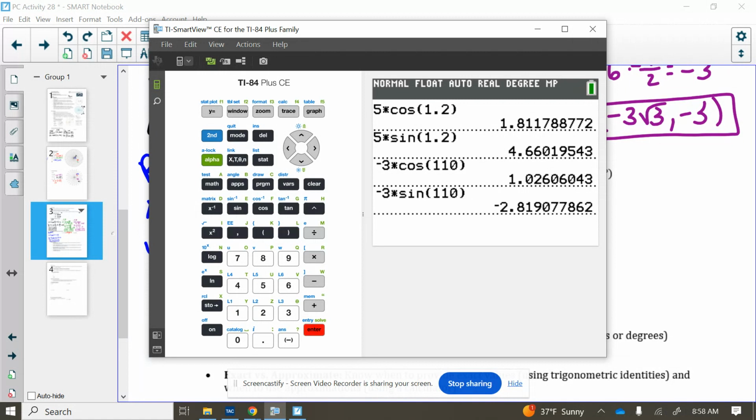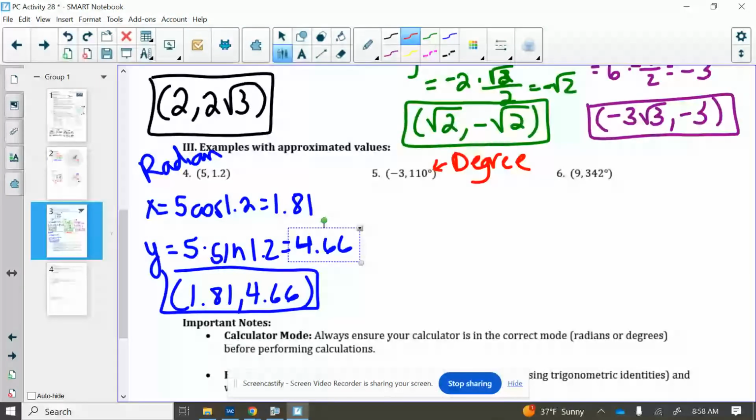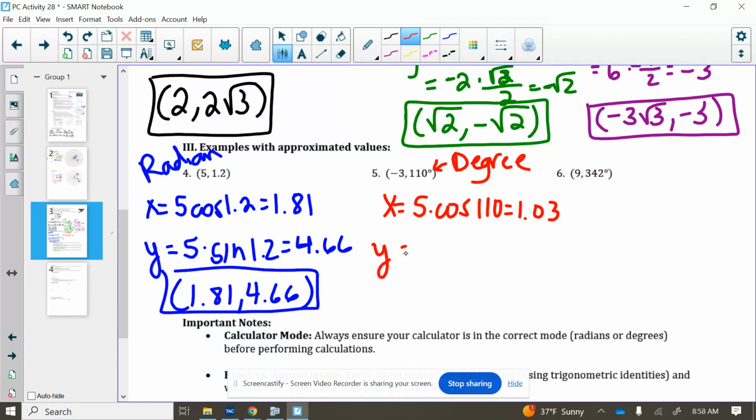So I should be at 1.03-ish, comma, negative 2.82. And again, that's just found by taking r times the cosine of your angle, and then r times the sine of your angle, and using the correct mode to approximate.